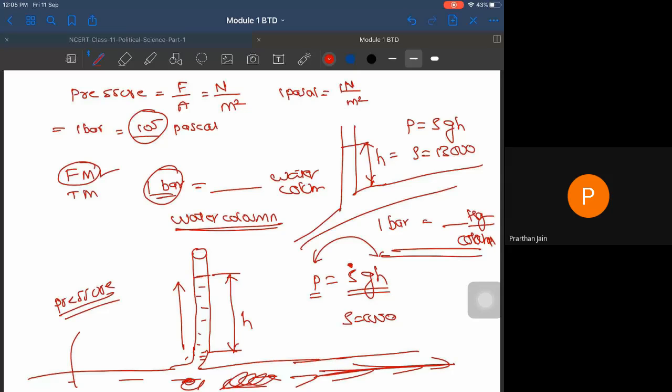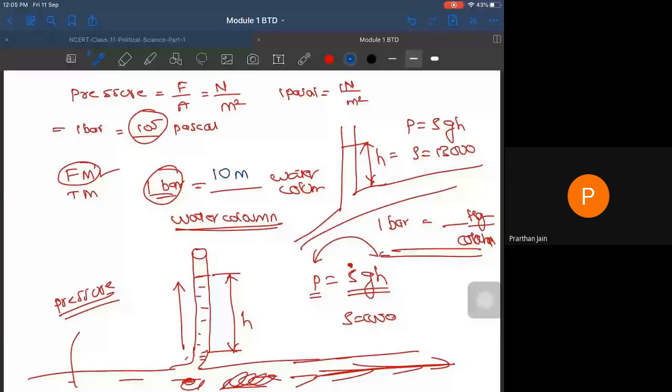Okay, so 1 bar in terms of water column is 10 meters of water column. If the water is raised to 10 meters, then it is equal to 1 bar of pressure.